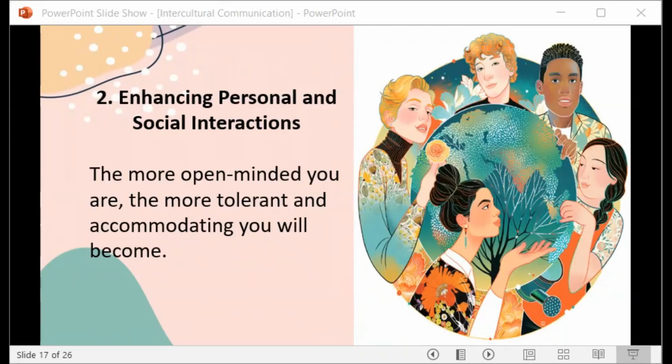As we all know, in our daily lives, we have personal interactions with people who are different from us, whether in terms of physical ability, gender, ethnicity, class, religion, race, nationality, and many other aspects. And through this, if we learn how to communicate with people who are different from the way we perceive the world and the way we believe, we could also break some misconceptions.